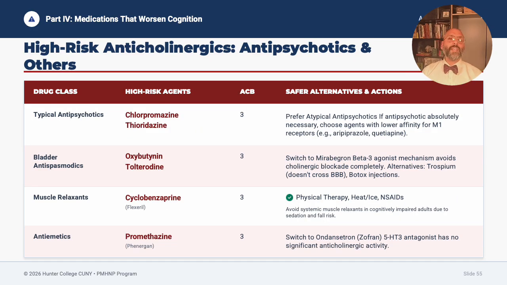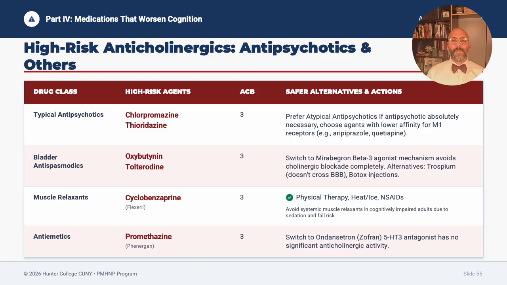Now here I want you to see how anticholinergic burden shows up outside the obvious places. So first, typical antipsychotics like chlorpromazine can carry an ACB score of 3. That's not subtle. These agents block the M1 receptor and can directly worsen cognition, especially in older adults. So if an antipsychotic is truly necessary, you want to favor atypicals with lower anticholinergic activity like aripiprazole or quetiapine.